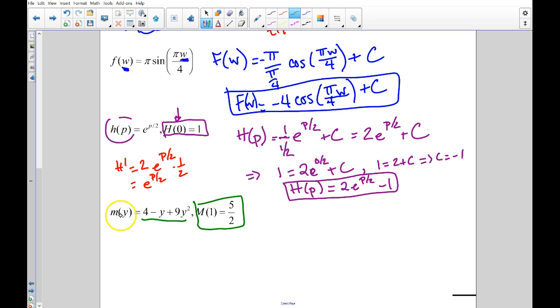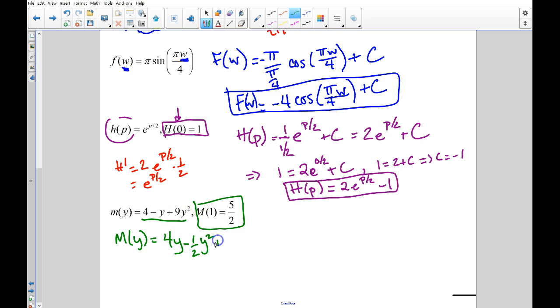If I find the antiderivative, capital M of y, the antiderivative of 4 is 4y. For minus y, by the power rule, I increase the exponent by 1 and divide by the new exponent.